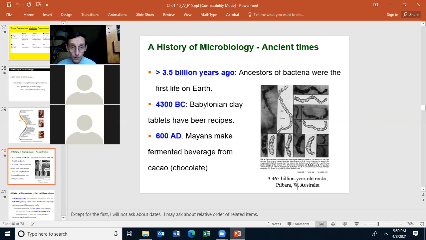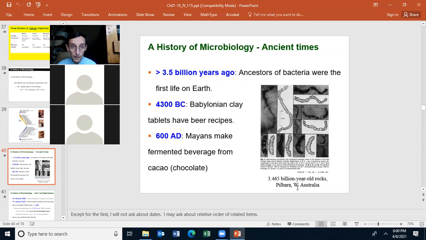You do need to know that over 3.5 billion years ago, the ancestors of the first bacteria were seen on the planet Earth. And this was the first life on the planet Earth that we know of.